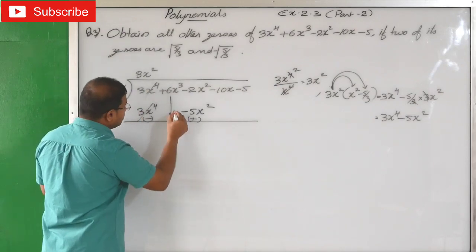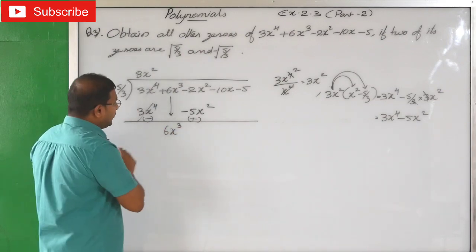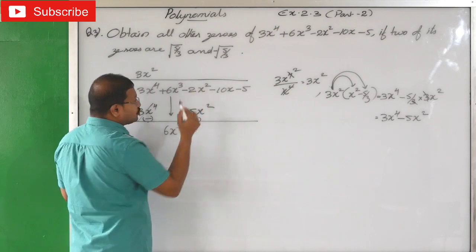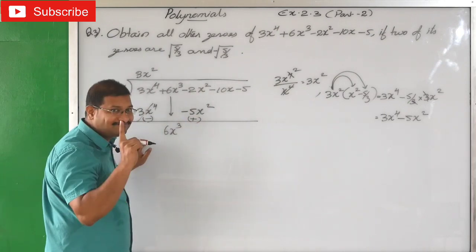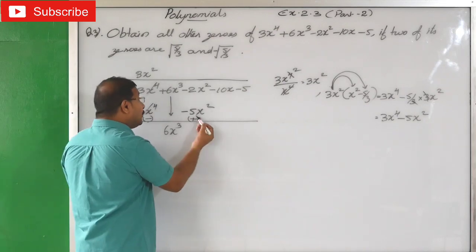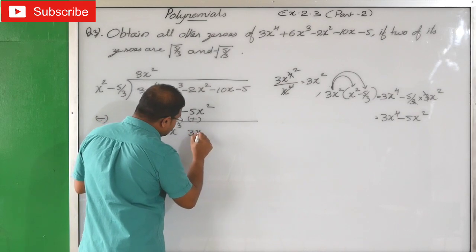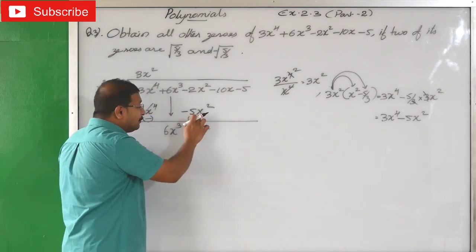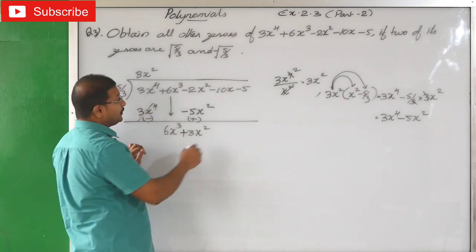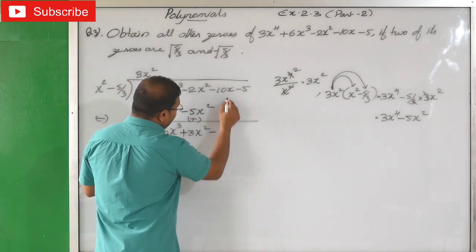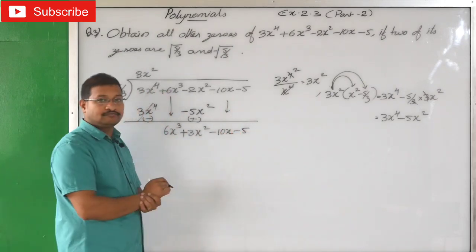This will bring down 6x cube. After that, minus 2x square plus 5x square. 5 minus 2 is 3, so we'll write 3x square. The bigger number is plus 5x square, so the sign is plus. Then the balance is minus 10x minus 5.